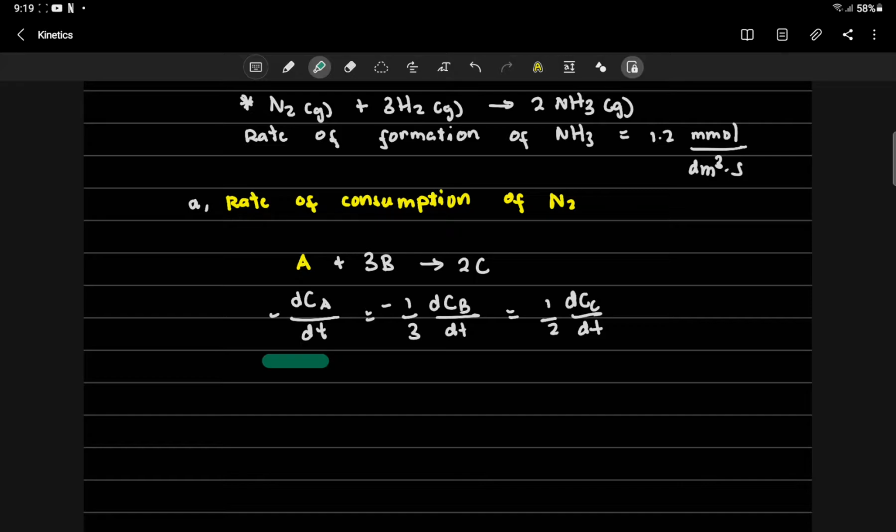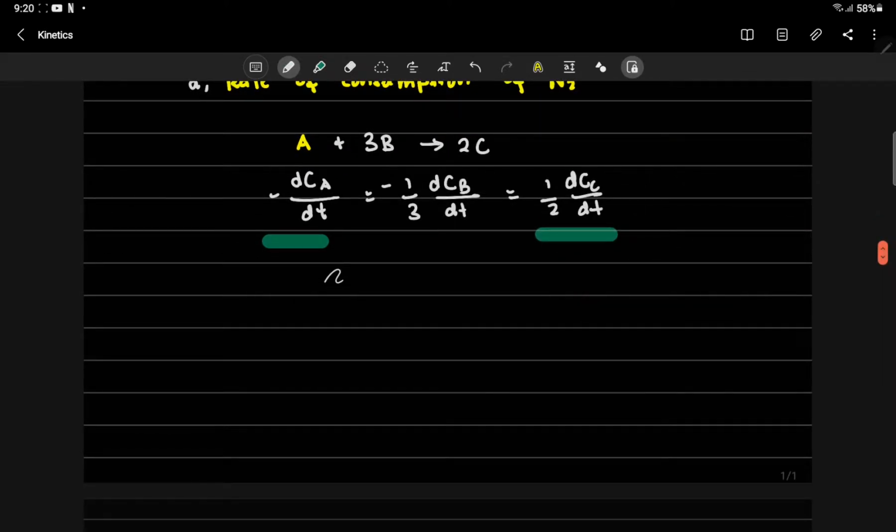Therefore, we will relate it to this term here. So let's write the equation that will result: minus derivative of the concentration of A with respect to t equals 1/2 times the change in the concentration of C with respect to time.